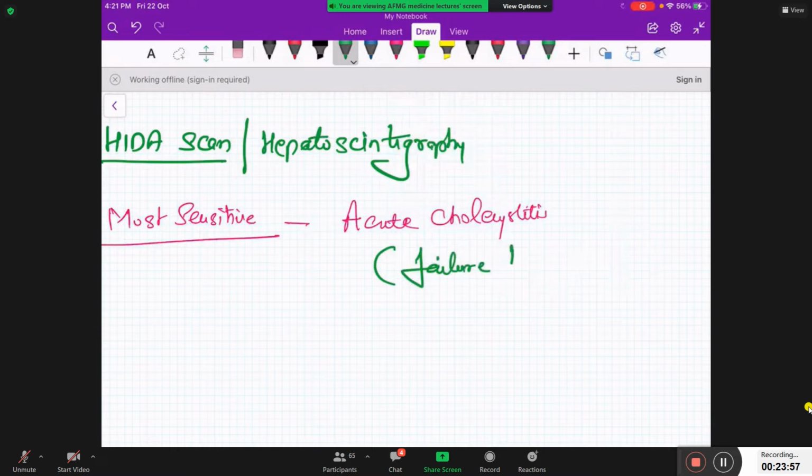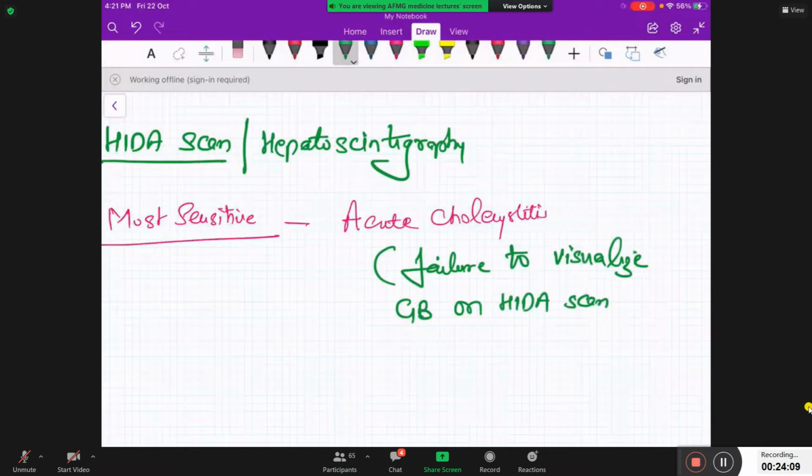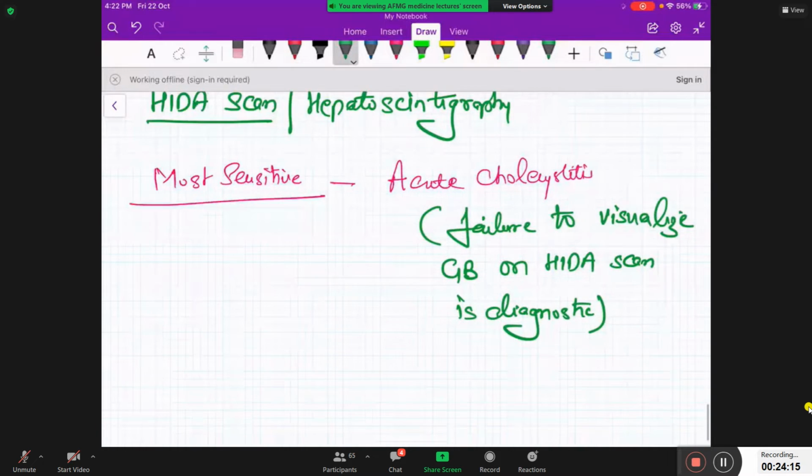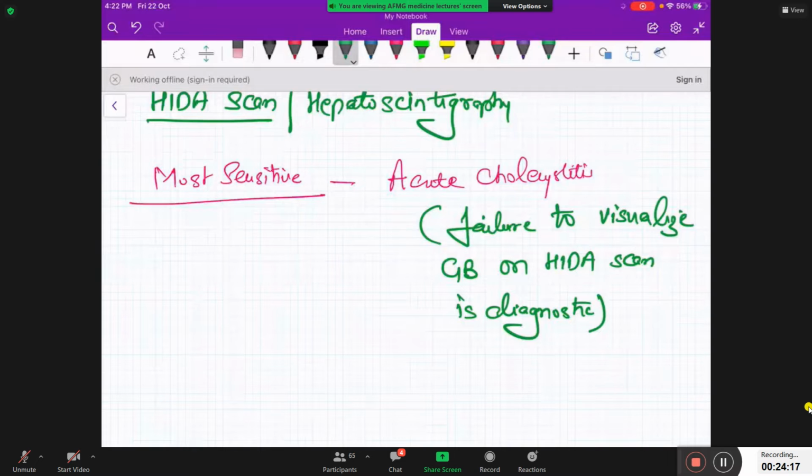And very important point further, failure to visualize gallbladder on IDA scan is diagnostic of acute cholecystitis.